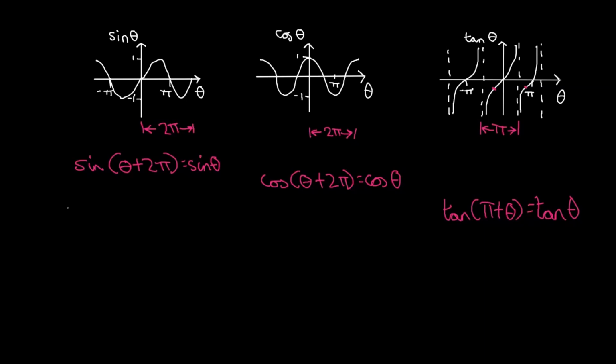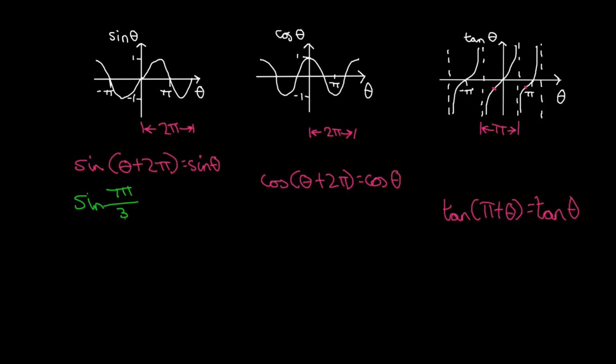Okay, so let's do a practice question for each one of these identities to illustrate how we understand it. So let's say we have the sine of 7 pi over 3.